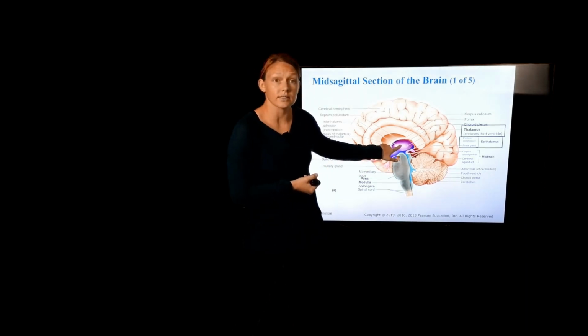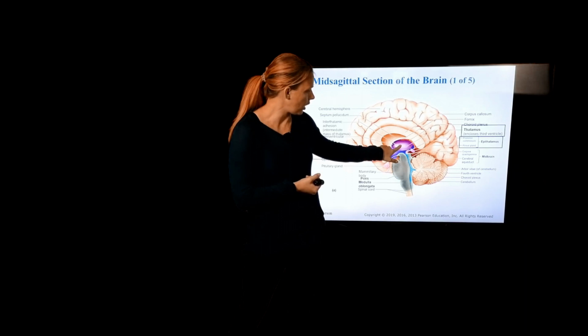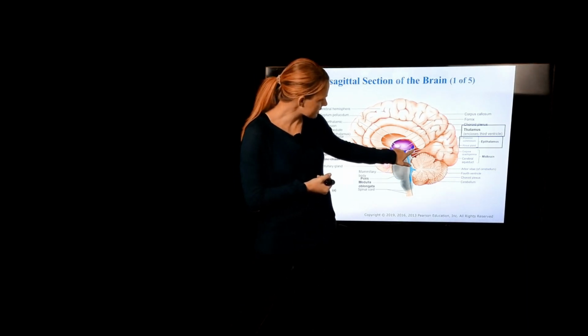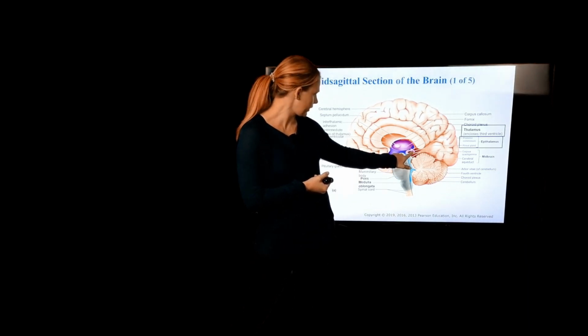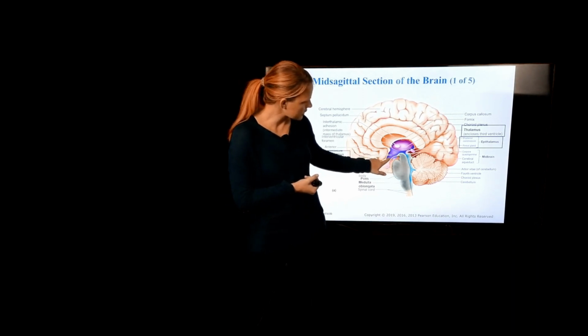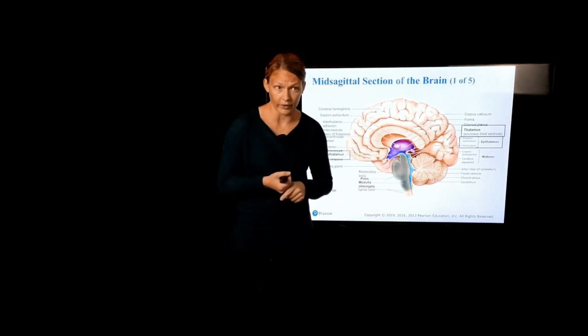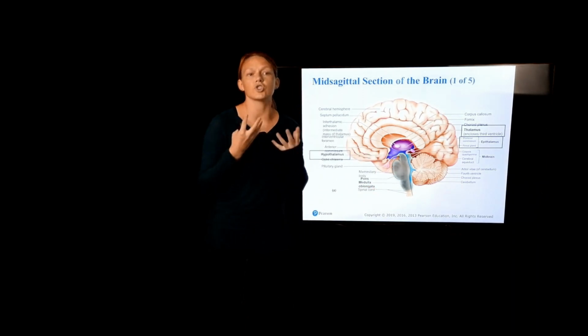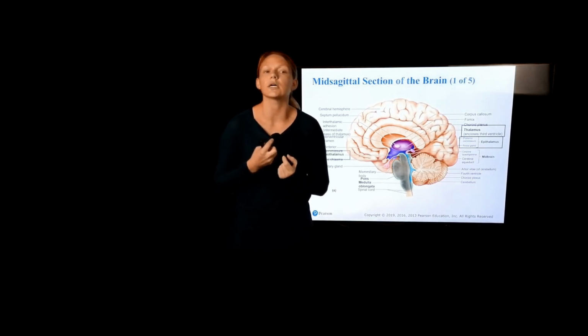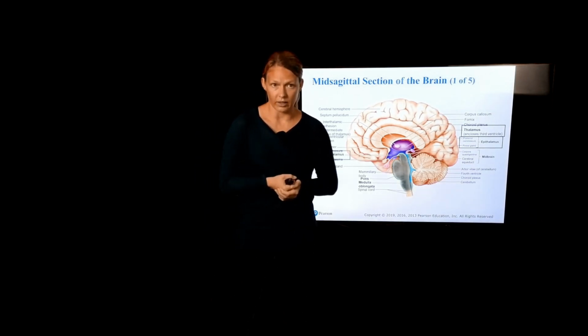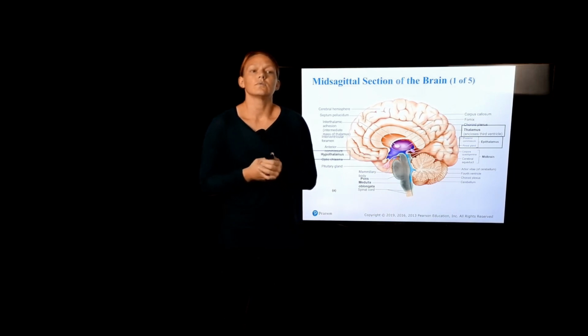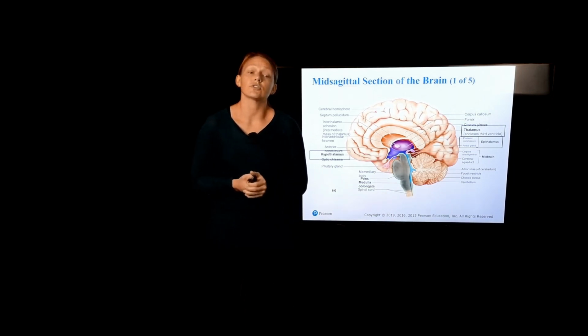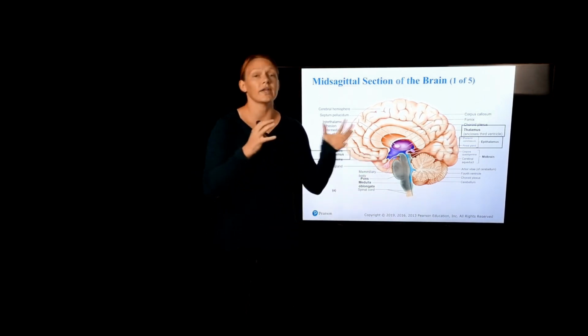It also consists of the epithalamus, which is right here in kind of this pink color. The hypothalamus, which is here in this darker purple color. So those three structures are the key part of your diencephalon. So we're going to talk about these three structures in more detail on the next few slides.